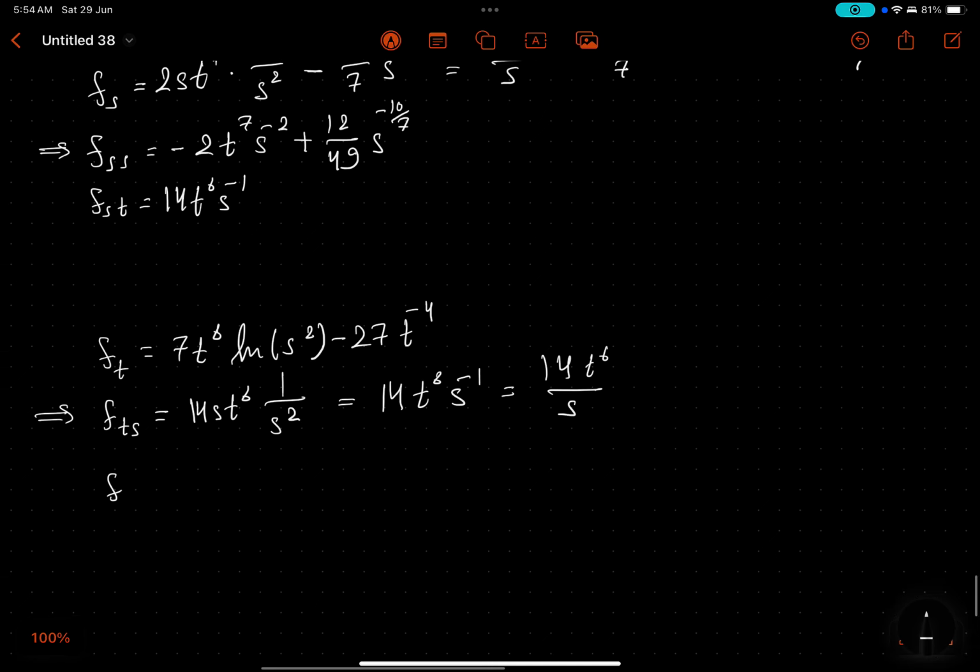Now if we do ft with respect to t, now we're going to have 42 t to the 5 ln of s squared minus 27 times 4, which is a plus 108 t to the negative 5.